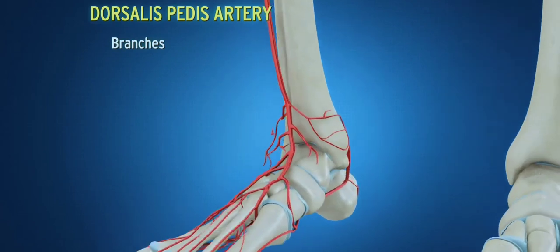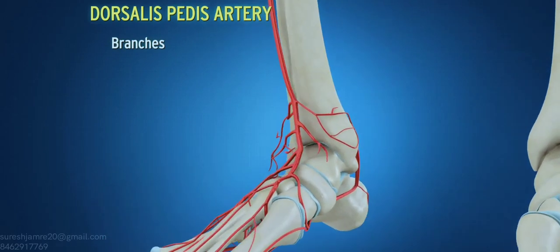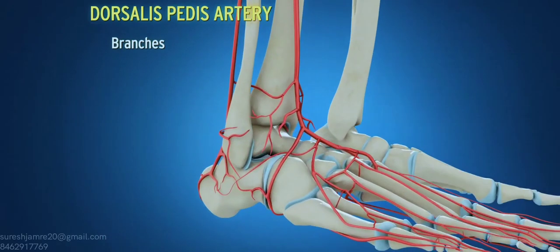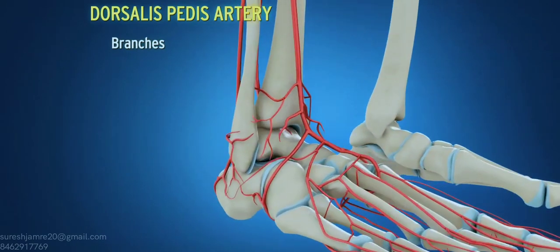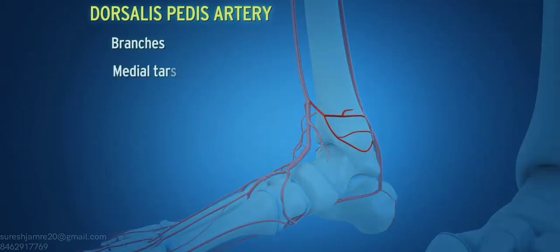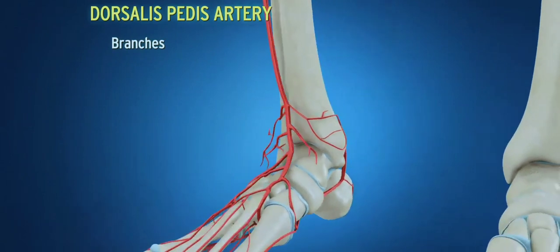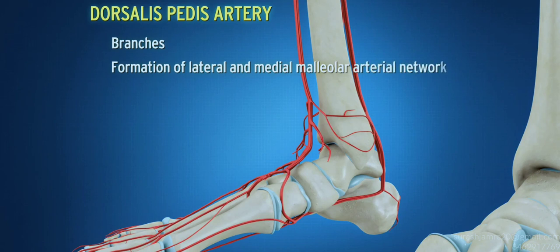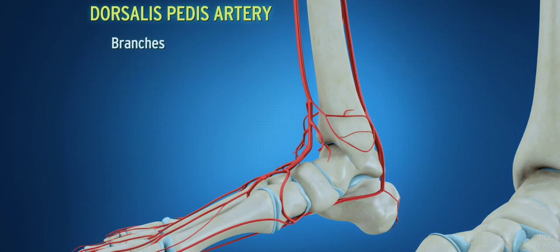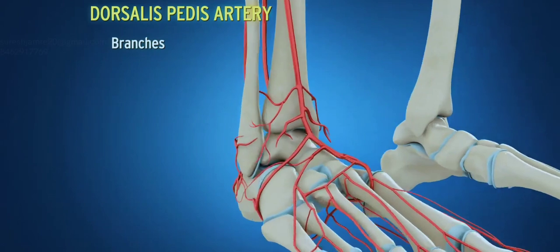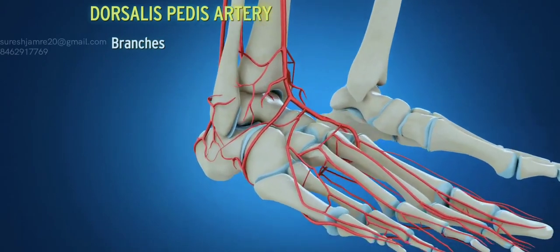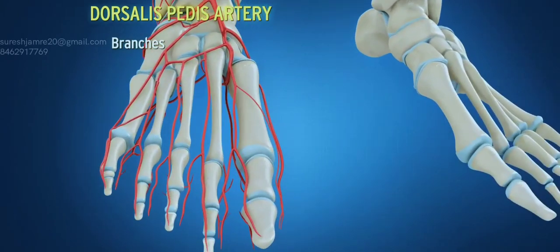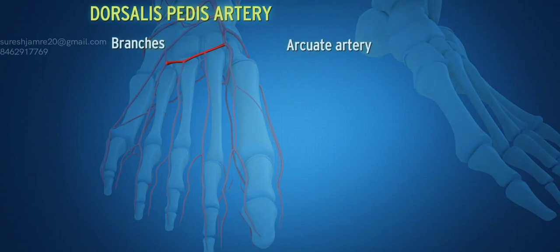Branches. The lateral tarsal arteries and medial tarsal arteries. They take part in the formation of lateral and medial malleolar arterial networks. Arcuate artery.